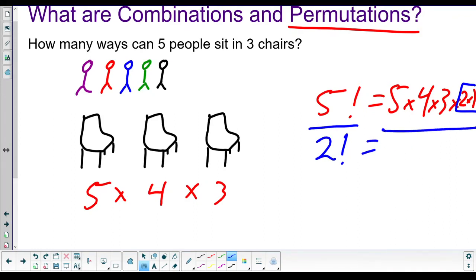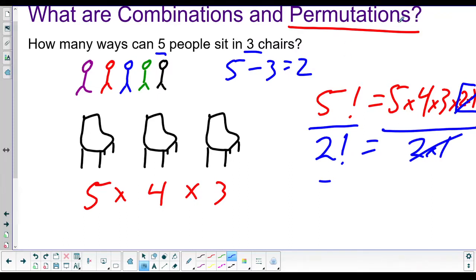So if you divide this by 2 times 1, this cancels with this, and then you have the thing you want. And you're going to say, all right, how do I know this is 2 factorial? Where does this come from besides I just want those things to cancel out? This is the number of options you have, 5, minus the number of places to put those options, 3, is 2, and then you just factorial that thing.